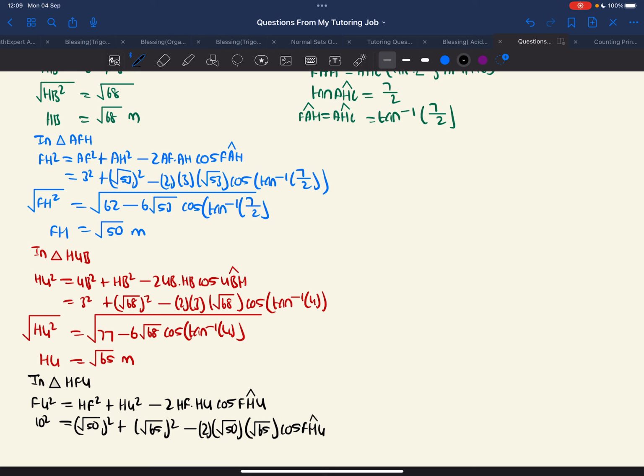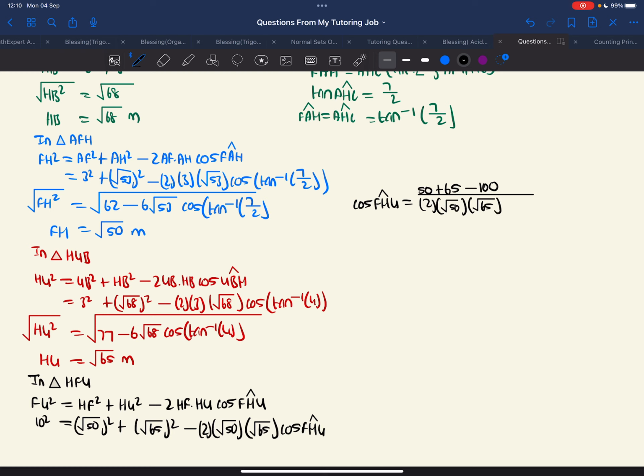Alright, and then you can rearrange that formula. So if you rearrange the formula, cos of FHG is going to be equal to 50 plus 65 minus 100, all divided by 2 times square root 50 multiplied by square root 65.